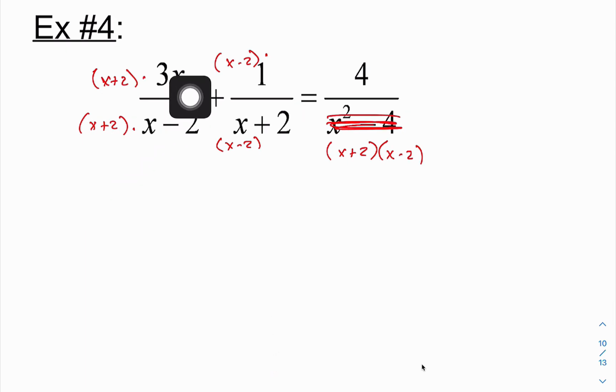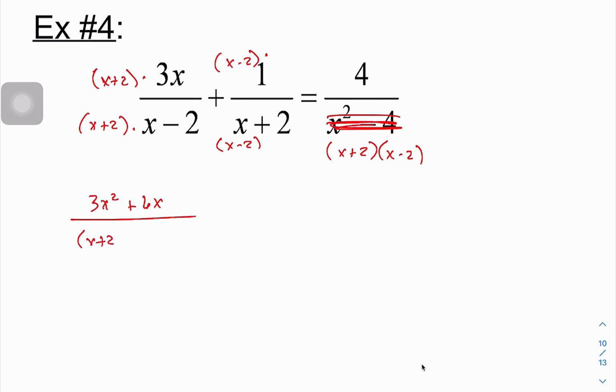And again, I'm going to take the 3x and distribute. So we end up with 3x squared plus 6x over our common denominator, plus, since we're just multiplying by 1, that just gives us x minus 2 over our common denominator. And the last part, we don't actually have to do anything with the last one because we already have the common denominator.